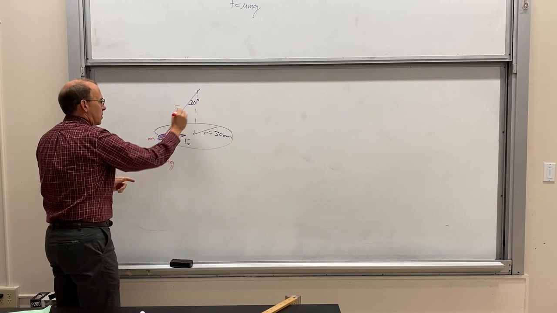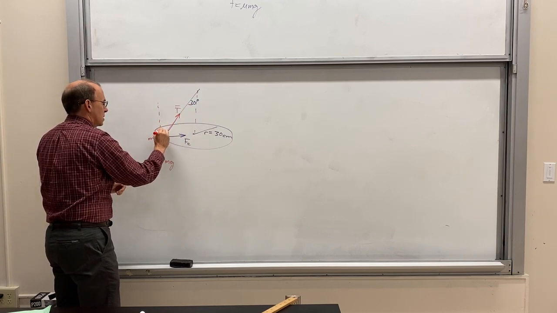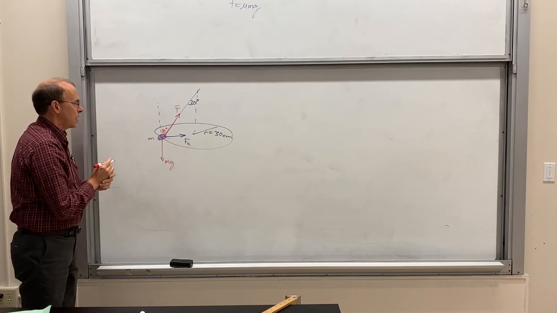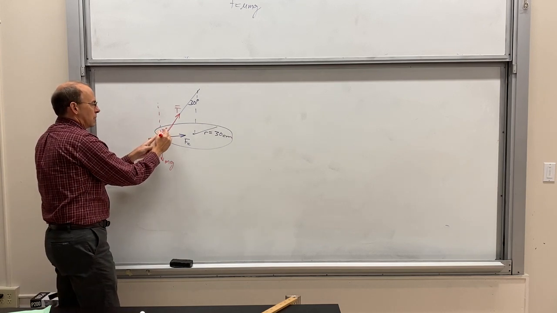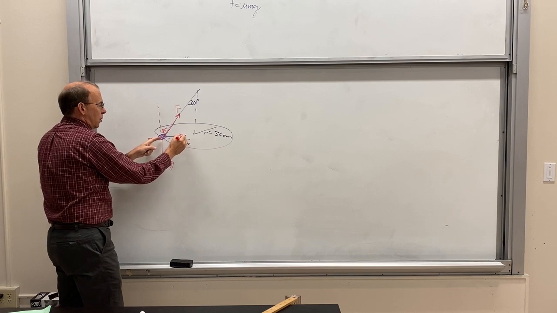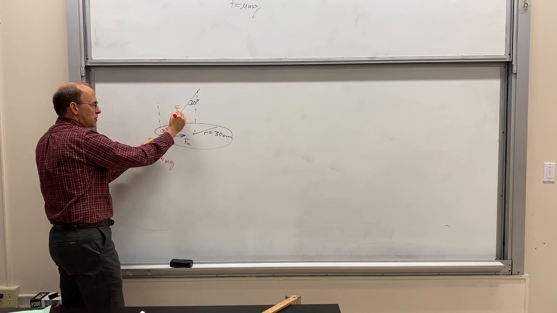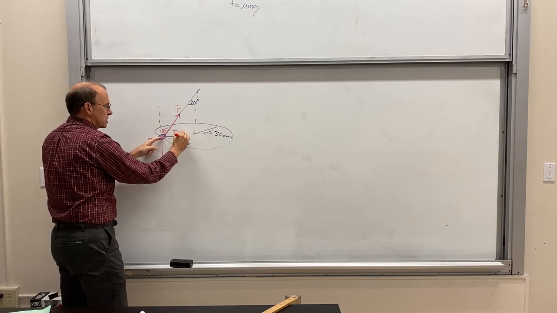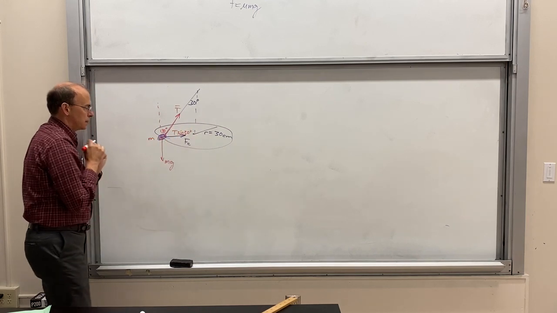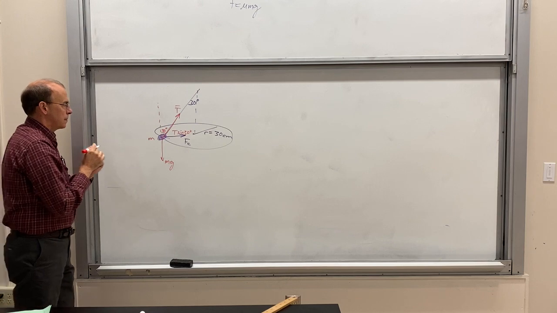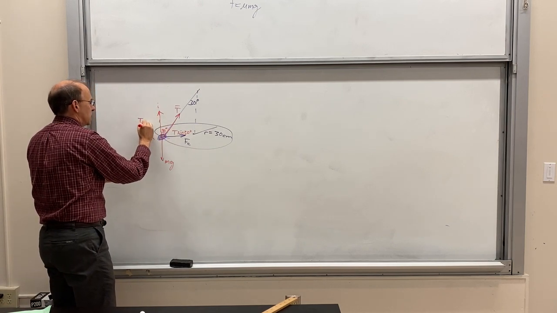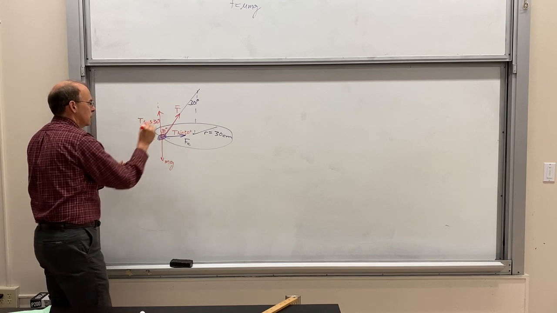This is 30 degrees. If this is 30, then what we have available to us isn't this full tension, but this is T sine 30. In this direction, we've got T cosine 30.